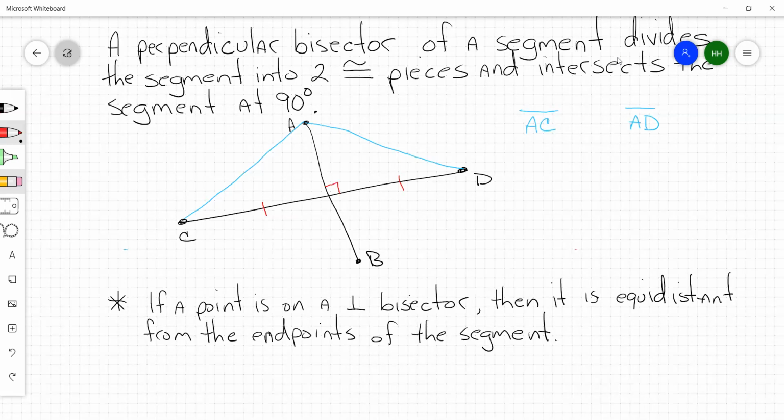Let me read this again. If a point is on a perpendicular bisector, is AB a perpendicular bisector of CD? Yes, it is. Is A on a perpendicular bisector? See it? Yes. A is on a perpendicular bisector. What does the rule say?